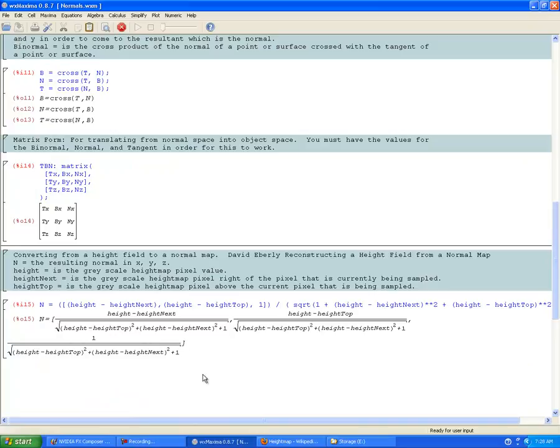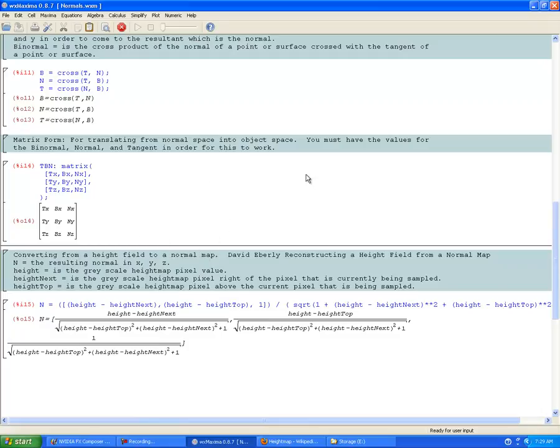Let's look at how we go from converting our height map to a normal map. Height is the grayscale height map pixel values here. And then height next is going to be to the right, and the reason that works is if you think about how your texture space lays out, it's 0 to 1 in a box, more or less.